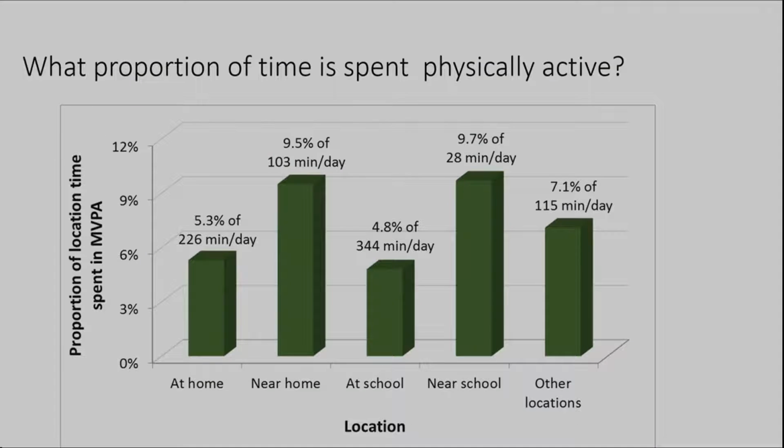So then someone like Jordan Carlson, for example, has been able to say, okay, what percent of the day is spent being physically active in these different domains? And again, that gives us opportunities to say where can we increase that time, but then what are the environmental factors that one would have to address to increase that time.